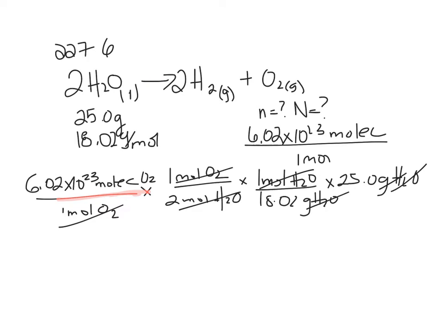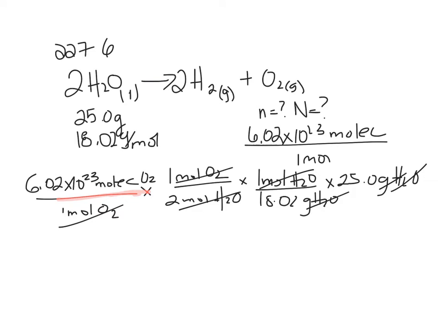Now, by finding molecules first, you do the math, you get molecules of O2, but we also want moles. But if you cover up that first part, what are the units that are left? What unit is not canceled out anymore?